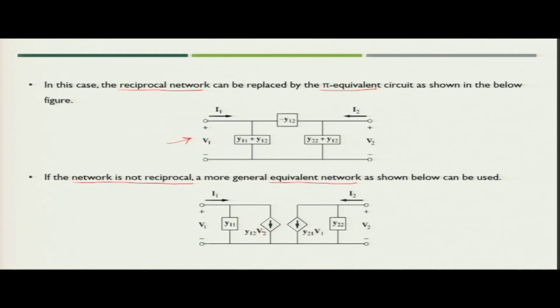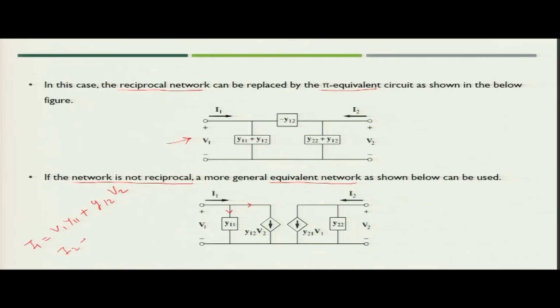If you see the value of current I1, using Kirchhoff's current law on the left side of the circuit, since V1 is applied across Y11, the current will be V1 into Y11, plus the current flowing through this branch, which is Y12 V2. So, the total current I1 will be equal to Y11 V1 plus Y12 V2.